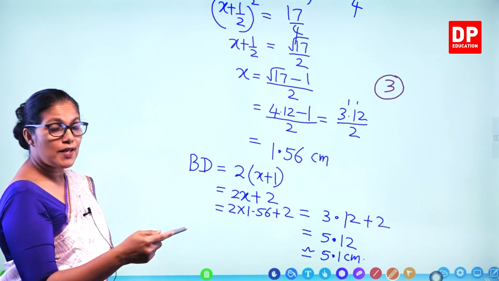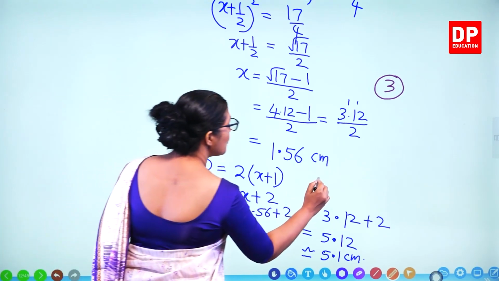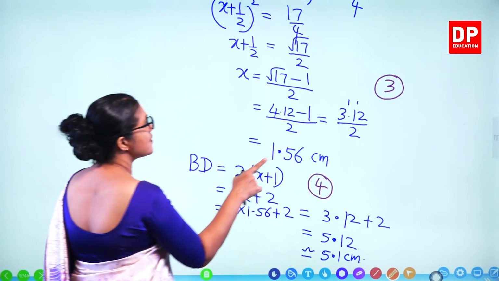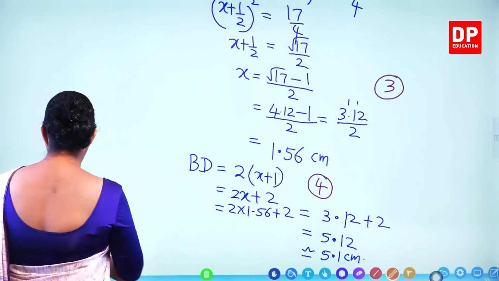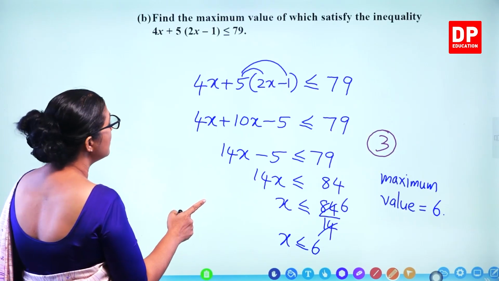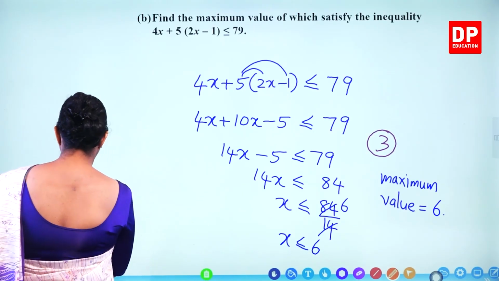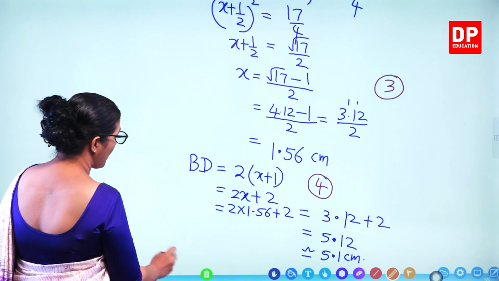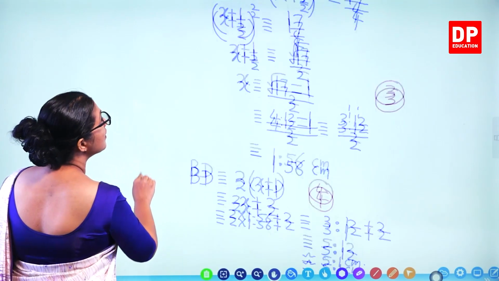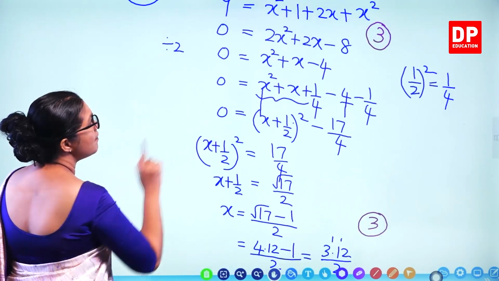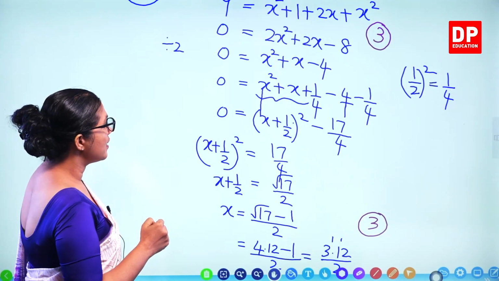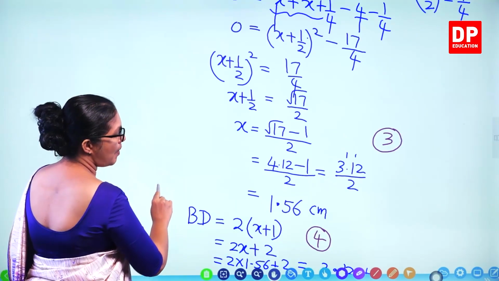Finding 2 times x plus 1, then substituting: 4 marks. 4 plus 3, 7. And in the previous part, we gave 3. So, altogether 10 marks.